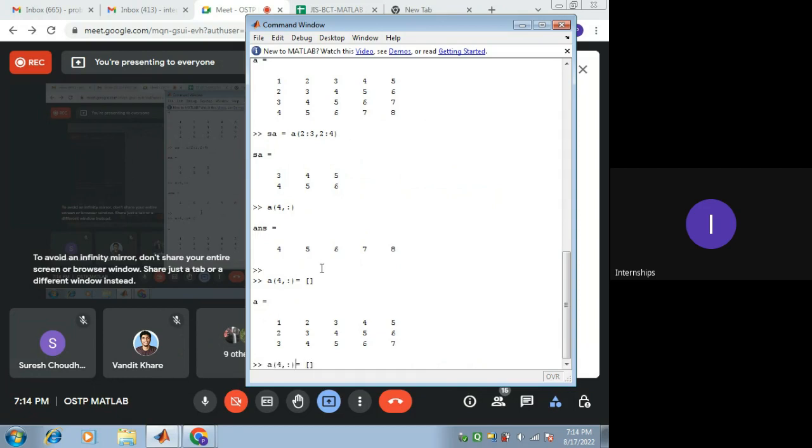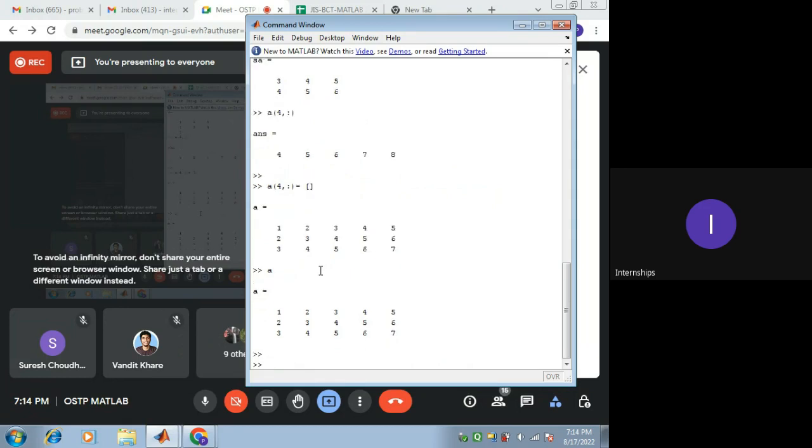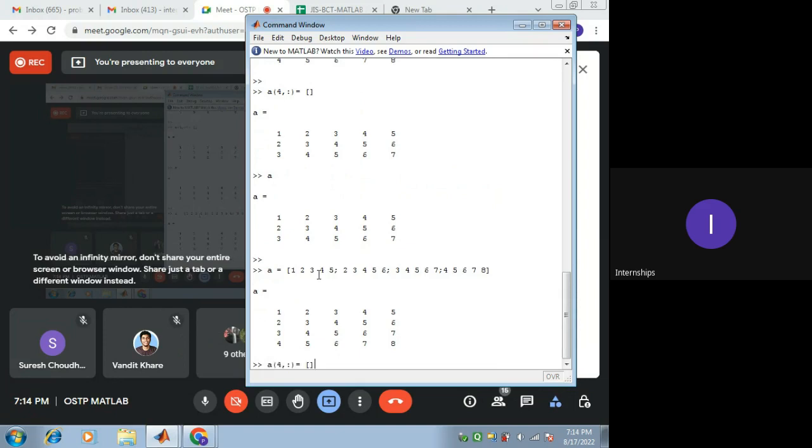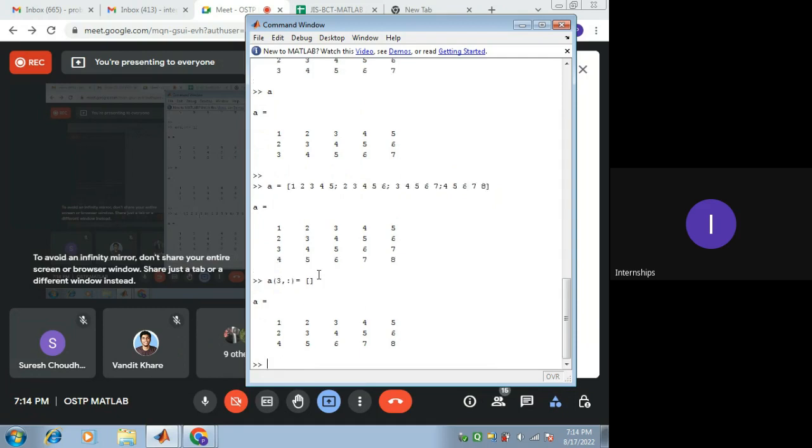If I write 3, then it eliminates the third row.